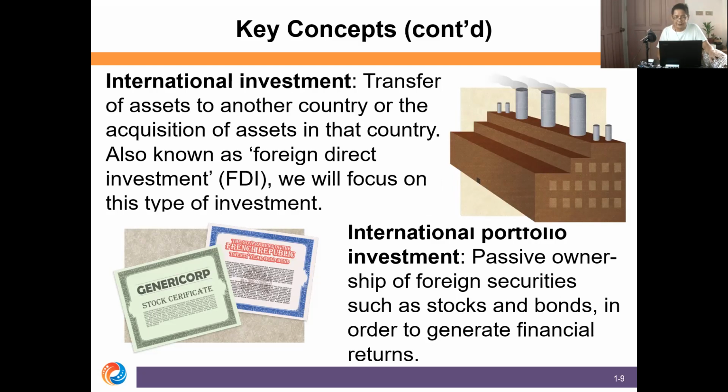So, yung asset ni Japan ay ilalagay niya dito sa Pilipinas, mga automotive, mga manufacturing plant dito sa Pilipinas, and that is called international investment.